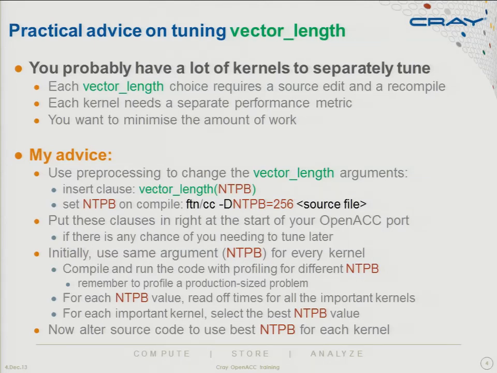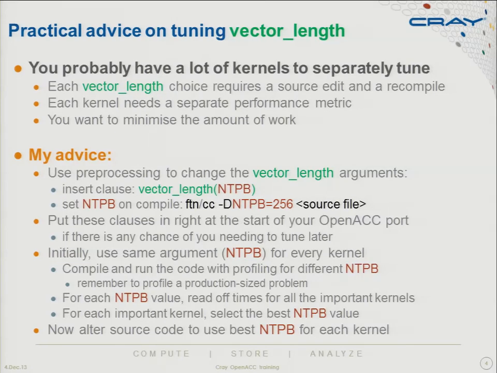So what's a good way to do it? Put the vector length clause in, but put a CPP macro in there, and set that macro on the compile line. Then you don't have to edit the file to change this value. Do it right at the start, and then it's there for later. Initially, put the same macro in for every kernel.